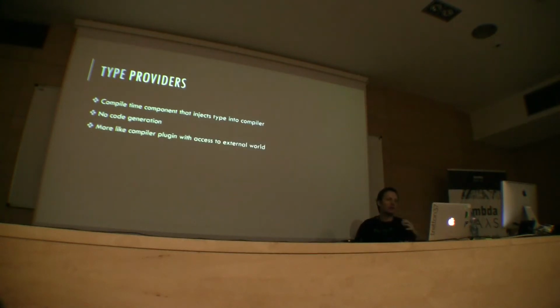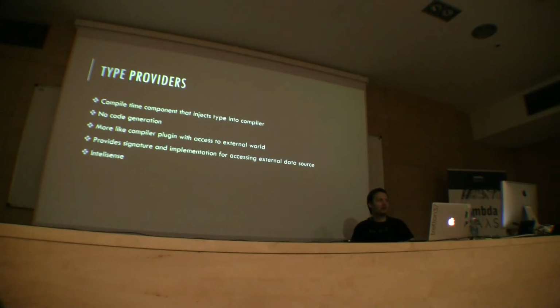It's more about a compiler plugin that gives you access to the external world. When you write type providers, you have to provide both a signature and an implementation for accessing an external data source. The fact that you get a signature allows you to use things like IntelliSense, and you can do what we all .NET developers like: dot-driven development. We don't read documentation, we just press dot and figure out what's going to be next.